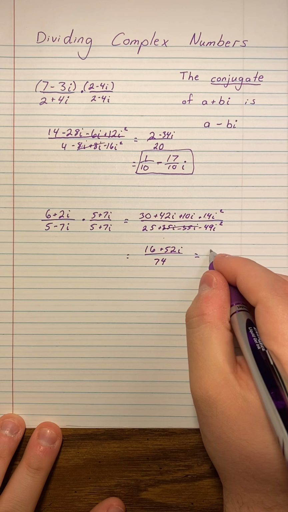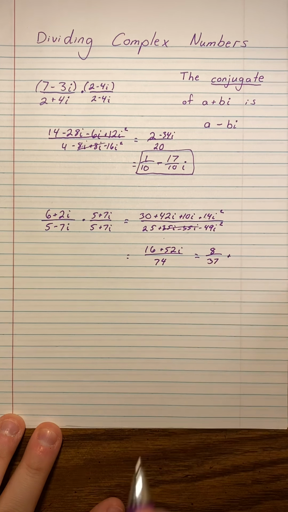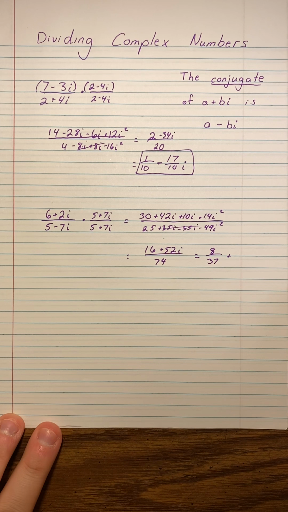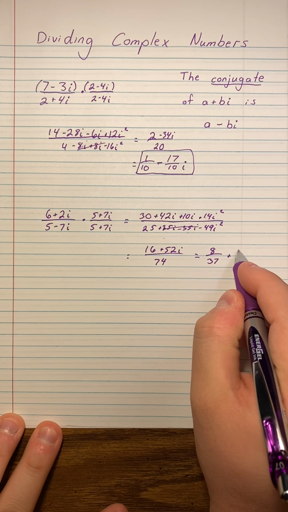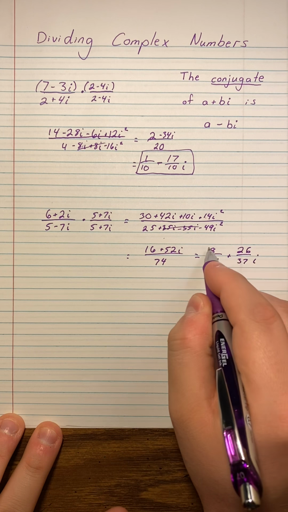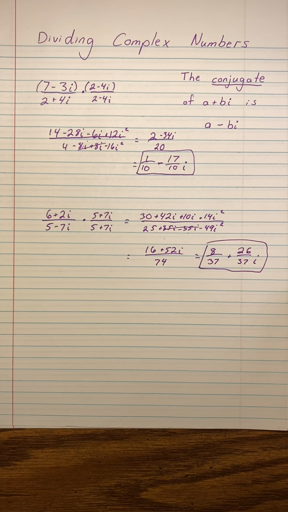That would be 8 over 37. 52 over 74, if I divide out a common factor of 2, that's 26 over 37. So plus 26 over 37 i. 8 over 37 plus 26 over 37 i.